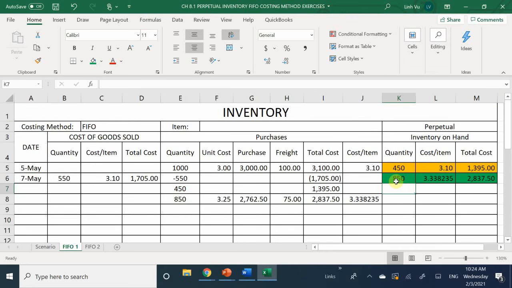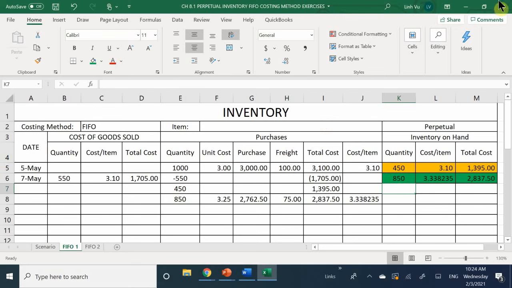Okay, now notice this. When I punch in my formula, I can't use the fill tool. The reason is that I don't know what's going to happen the next day. I don't know what my next transaction is going to be. So I cannot use the fill tool.